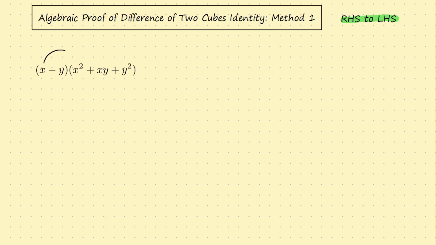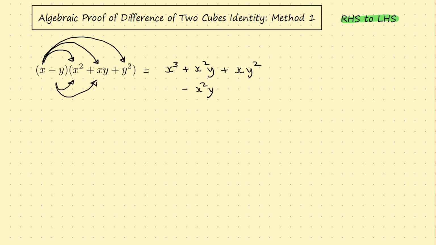So we have x times x squared is x cubed, x times xy is plus x squared y, x times y squared is plus xy squared, minus y times x squared is minus x squared y, minus y times xy is minus xy squared, minus y times y squared is minus y cubed.